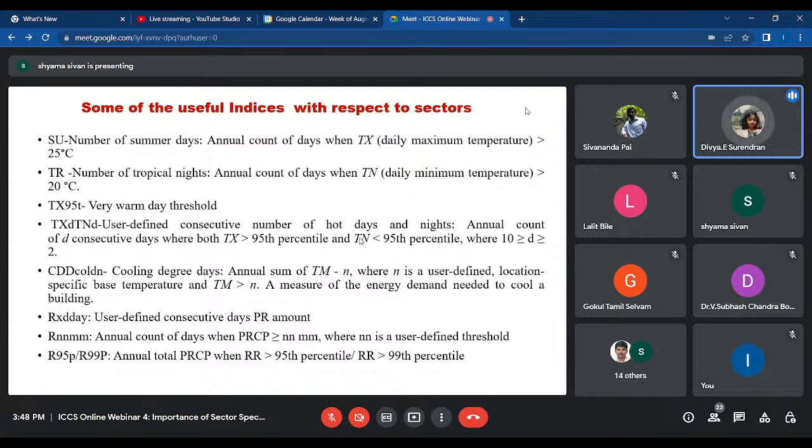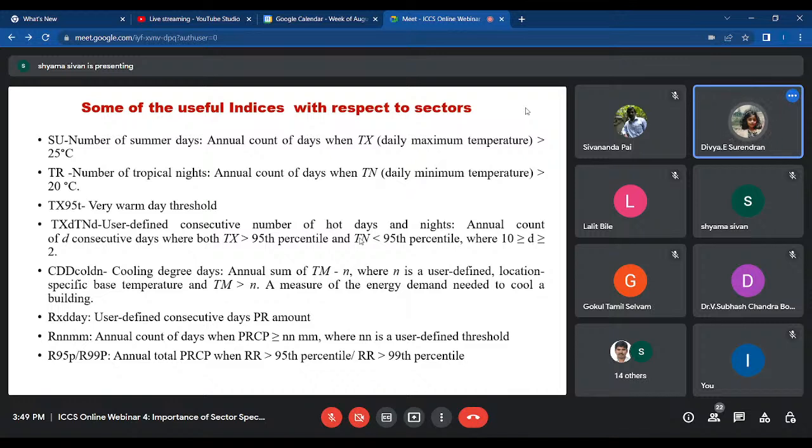These are some important indices I recognized with respect to Kerala. There are other indices based on frost, based on minimum temperatures, when the temperatures are less than 2 degrees Celsius and so on. So it differs with respect to your location, and with respect to the area you want to study.